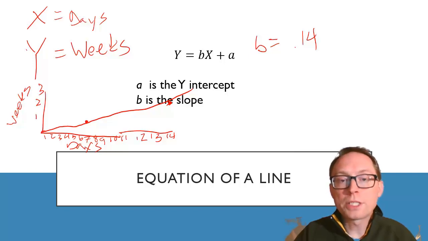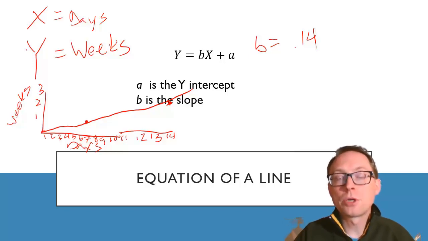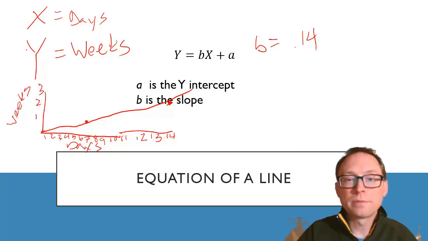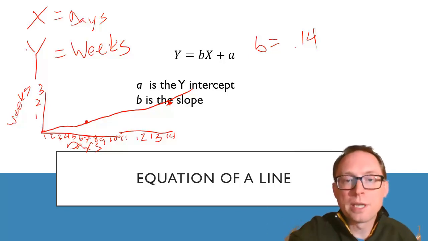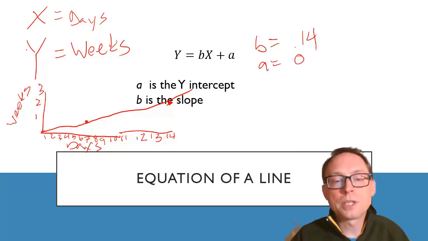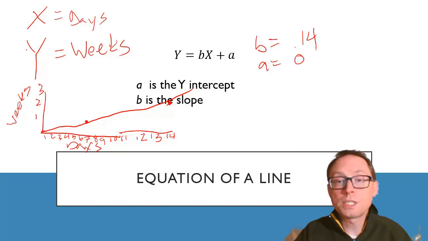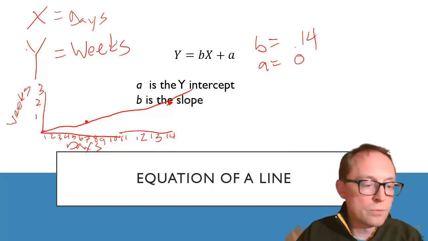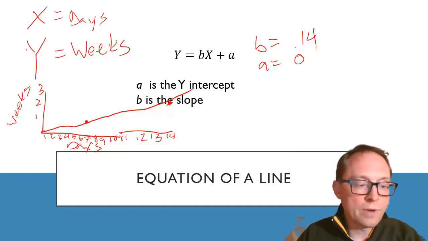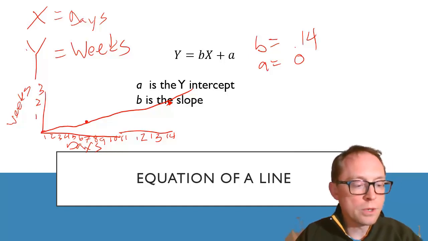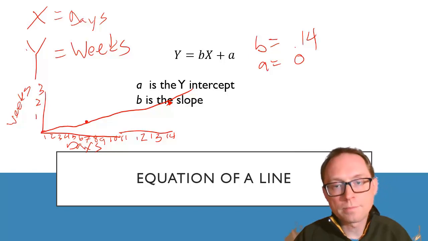Whereas the y-intercept, if you have 0 days, how many weeks do you have? 0. So the y-intercept a is going to be 0. So what you're going to do then is say, all right, if 14 days have passed, 14 times 0.14285714, which is the actual slope, is going to be 2 weeks, right?